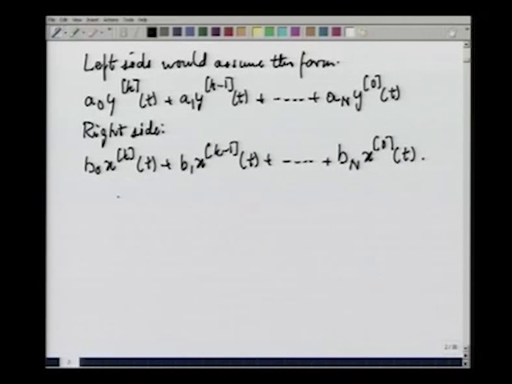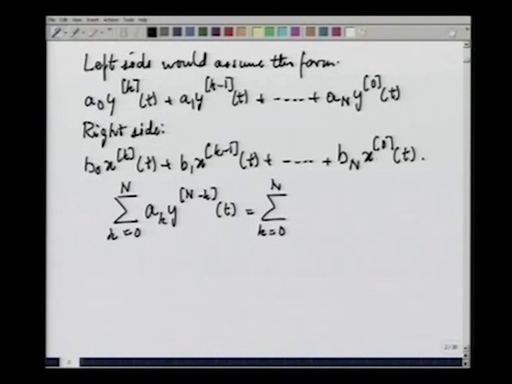This would be equal to saying summation k equals 0 to n a k y n minus k of t equals a similar expression on the right side. This is what we would get.